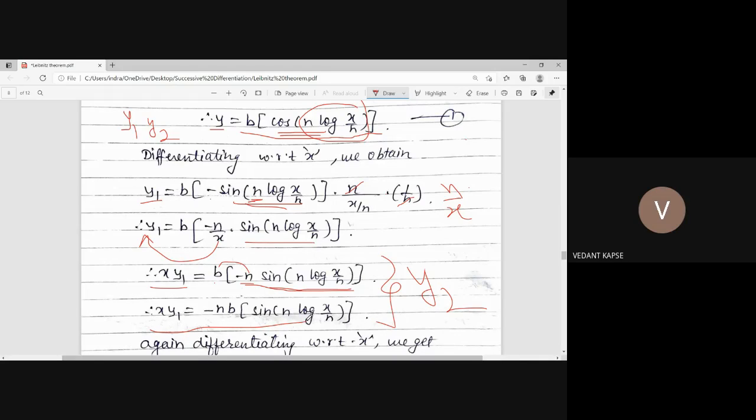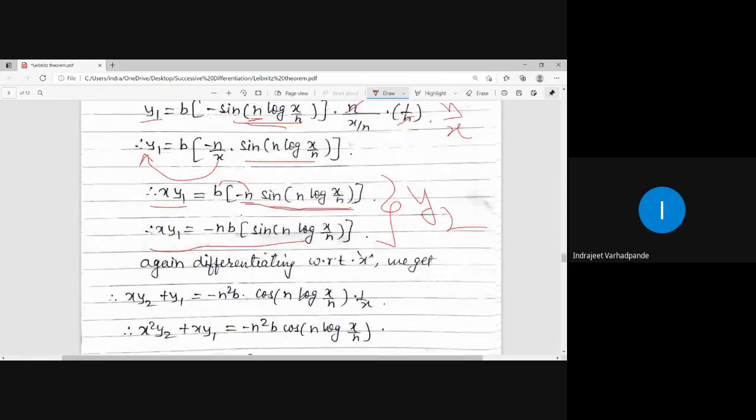Again differentiating with respect to x. Product rule will be applicable here. First term into derivative of y1 is y2, plus second term as it is, derivative of x is 1. And again repeat the whole process. Sine का derivative is cos of n log x by n into n upon x by n into 1 by n.